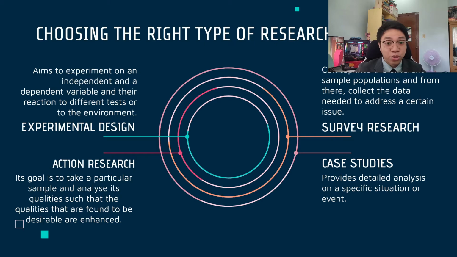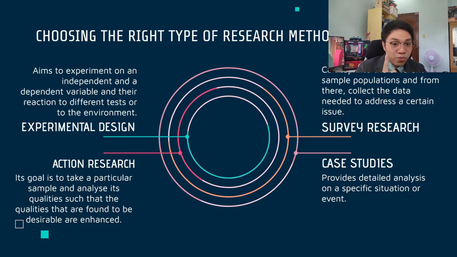We now head on to choosing the type of research to use for your methodology. Now, for this video, I have considered the types of research that will be most applicable from an engineering standpoint. The first one would be an experimental design.